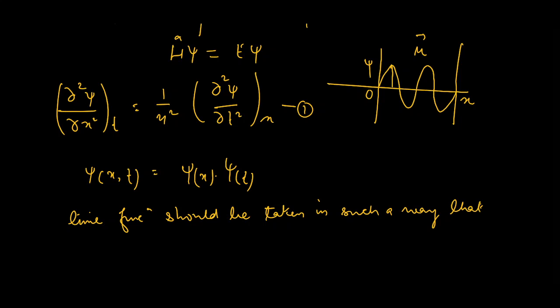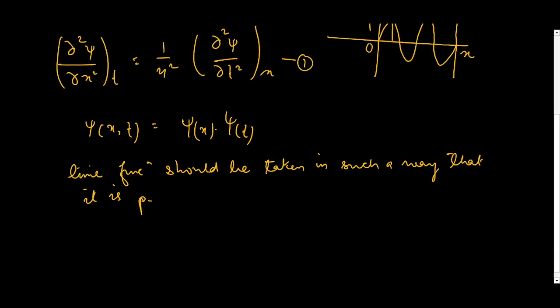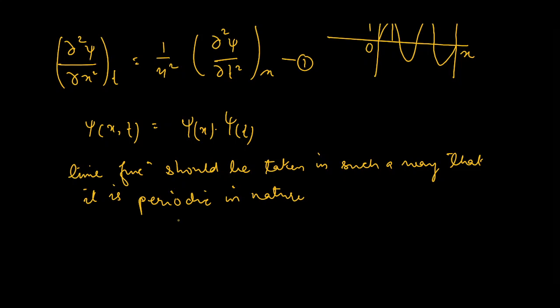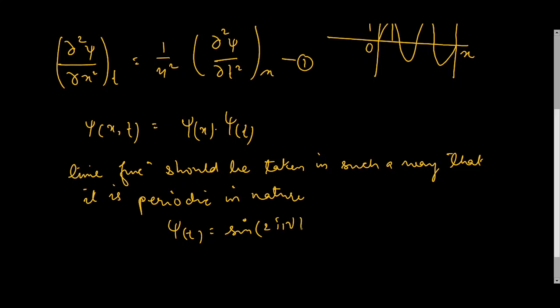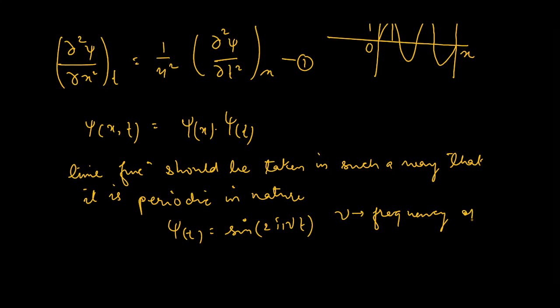And we take the time function as xi t is equal to sine of 2 pi nu t, where nu is the frequency of the wave. Take this as equation 3.